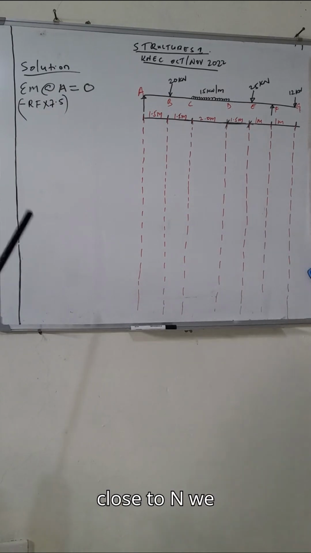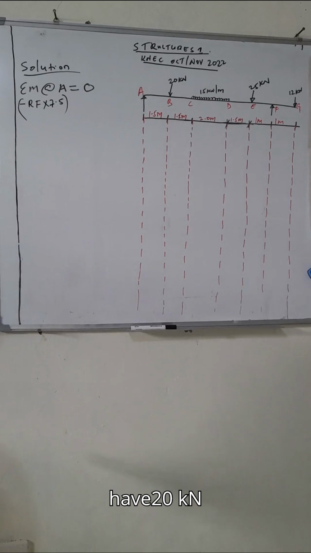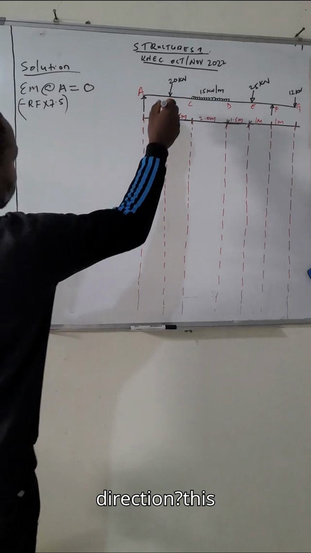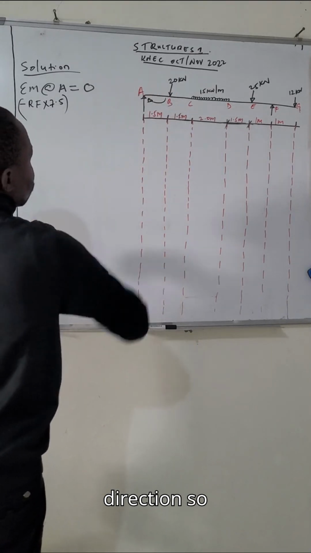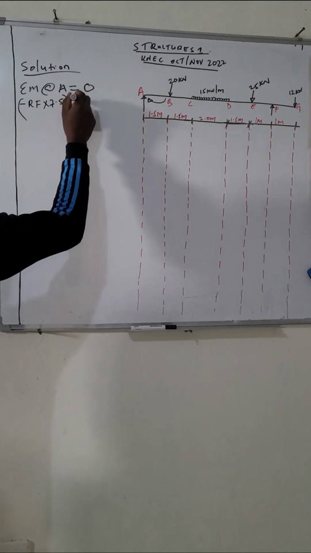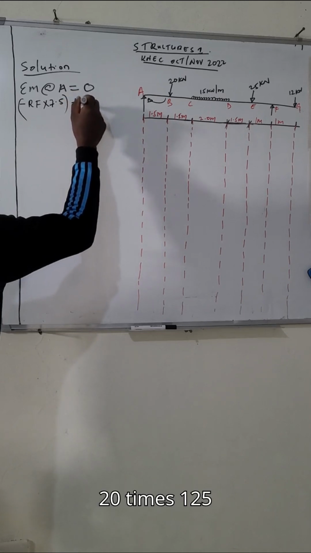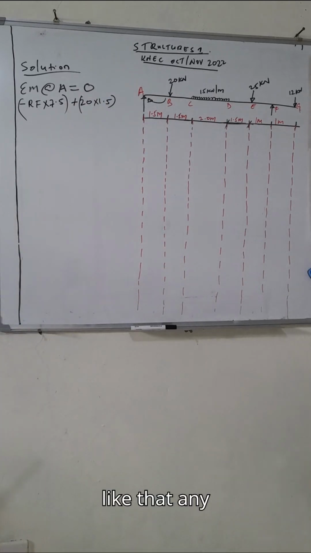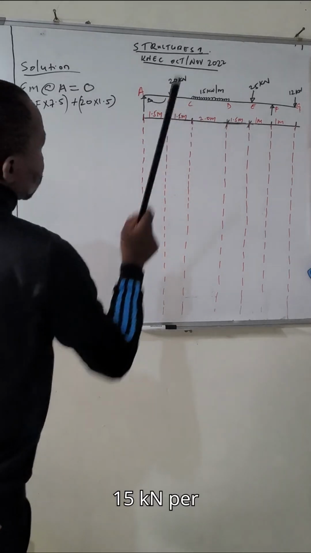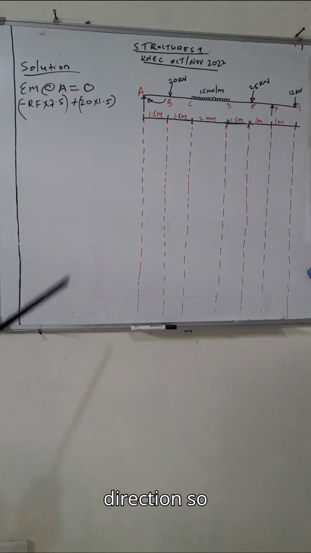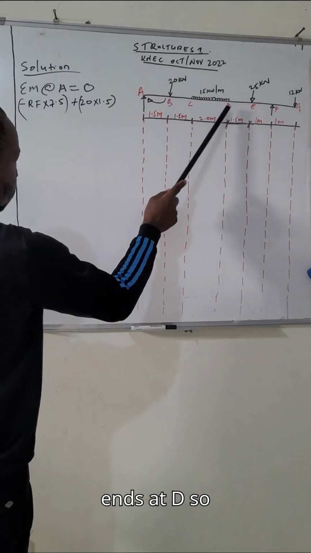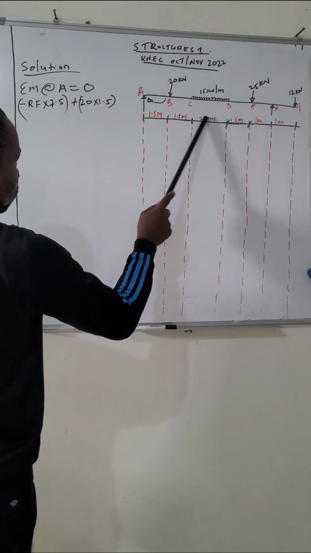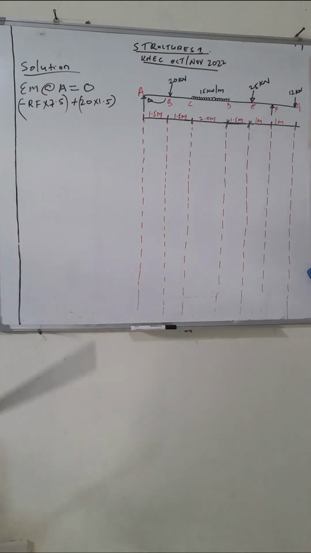A force close to A, we have 20 kilonewton. In which direction? This direction, so that is clockwise, plus 20 times 1.5. Any other force, we have a UDL of 15 kilonewton per meter. It begins from C and ends at D, in this direction, that is clockwise.